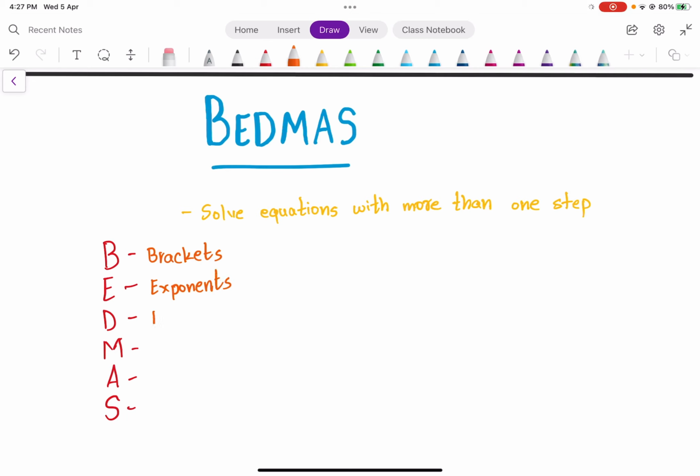The third letter stands for division. M stands for multiplication. A stands for addition, and lastly, the S, you may have noticed, stands for subtraction.